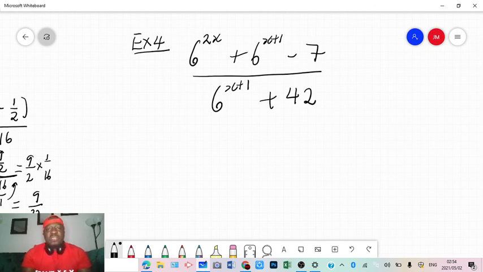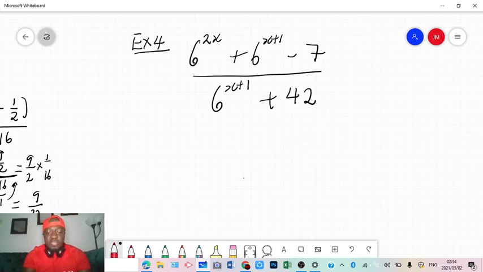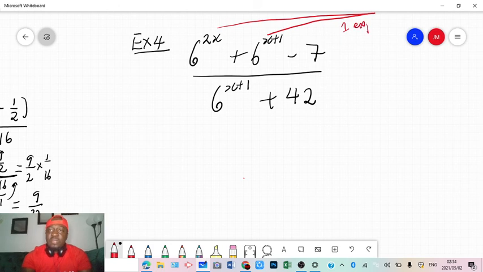So here you can see the question has been intensified, but what I want you to pay attention to is this. What differs from the previous question and this one is that one exponent is twice or double of the other one.